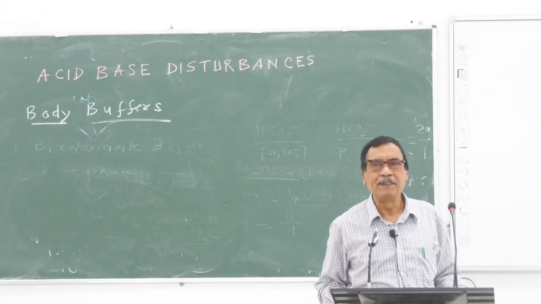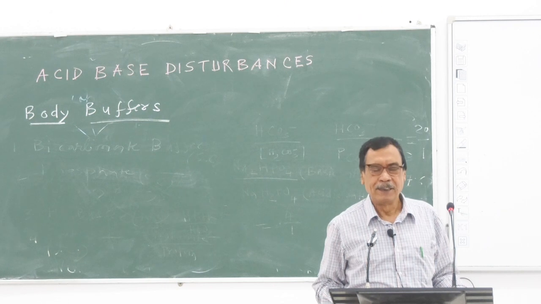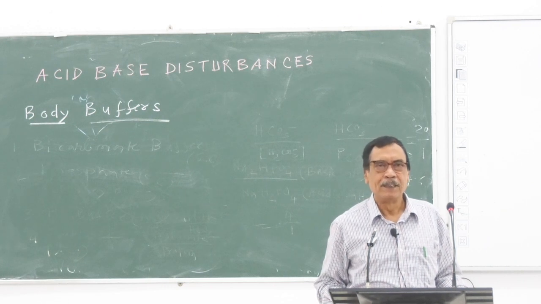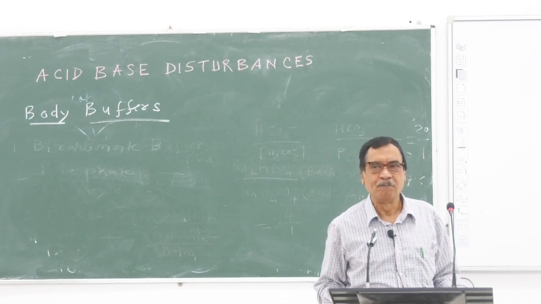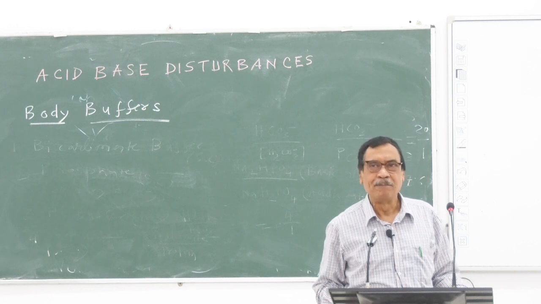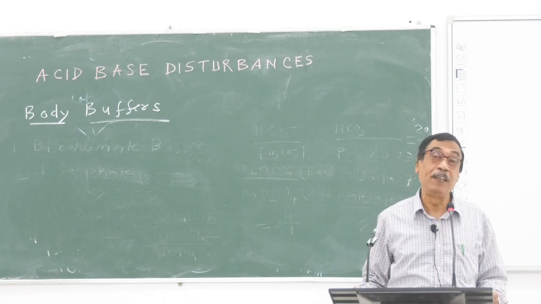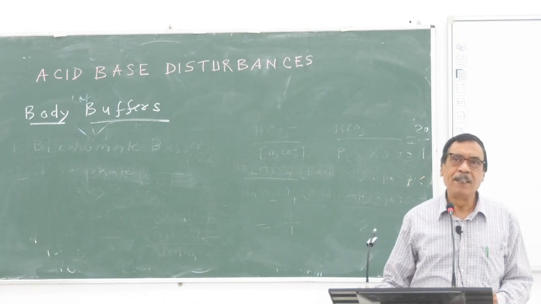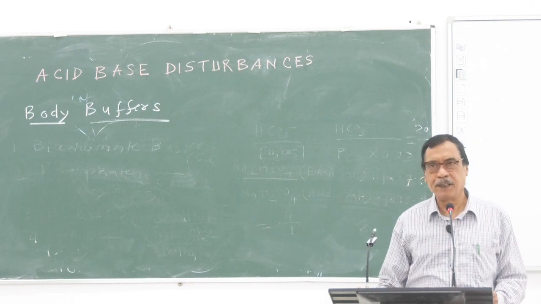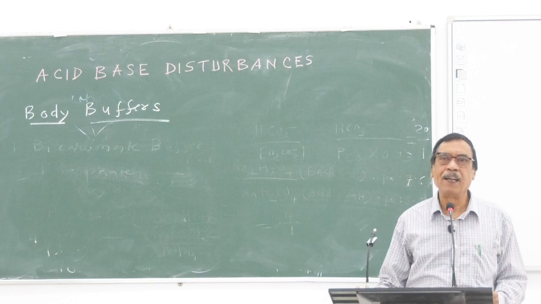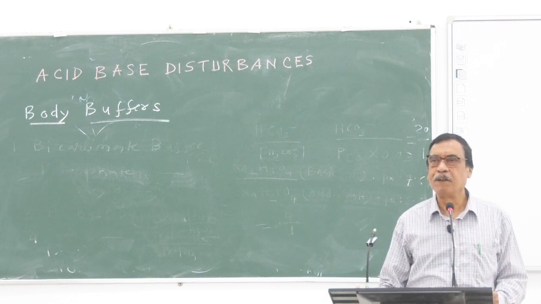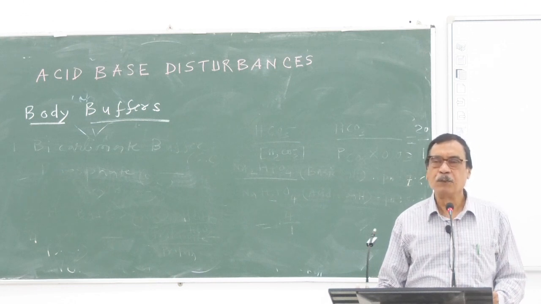Respiratory regulation develops in a few hours. It requires time, and renal regulation requires much more time, a few days. Renal regulation develops a few days after development of the acid-base disorder. Plasma buffer acts instantly. Respiratory regulation acts within hours.